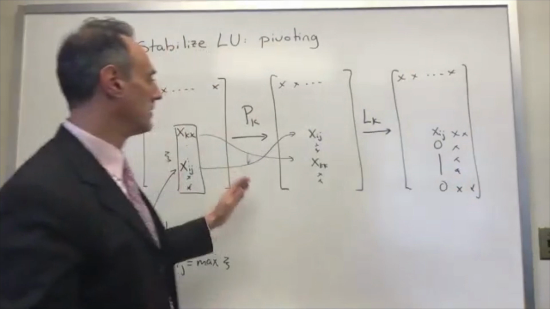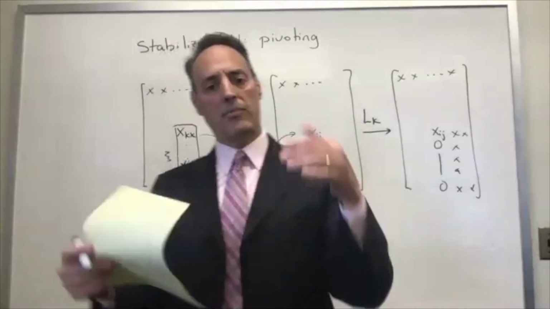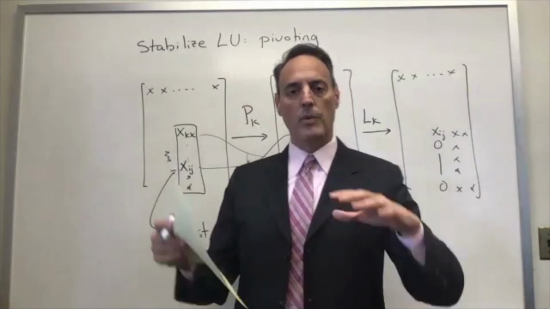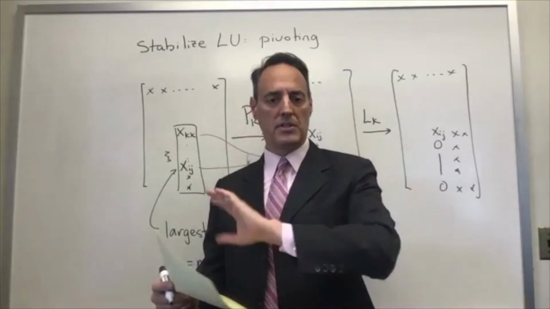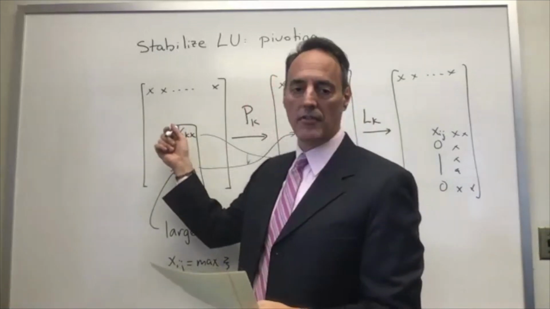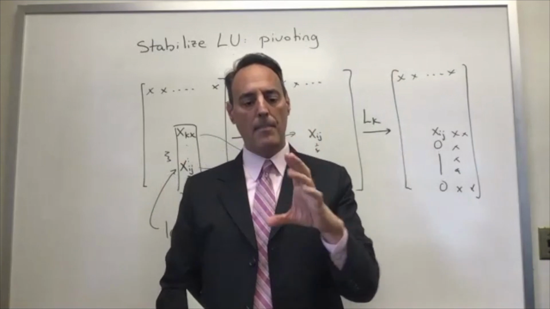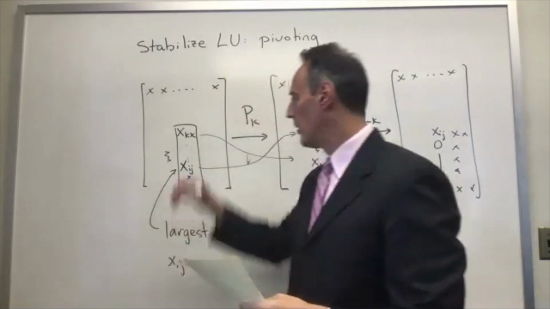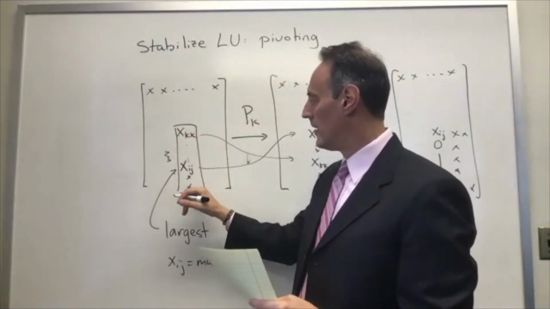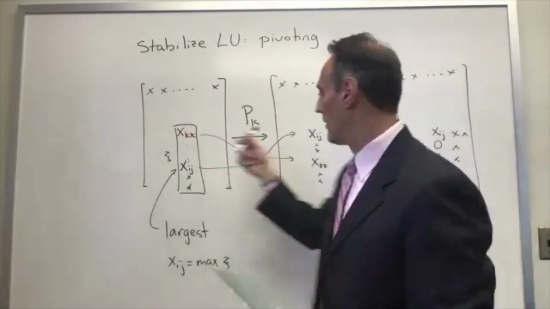That's what you get. So notice, instead of what we did previously when we did Gaussian elimination, where we just went down this process and found each L_k that zeroed everything out, what we're actually doing at each step is looking at all the terms below the diagonal, finding the maximum, switching rows, and now hitting it with L_k.